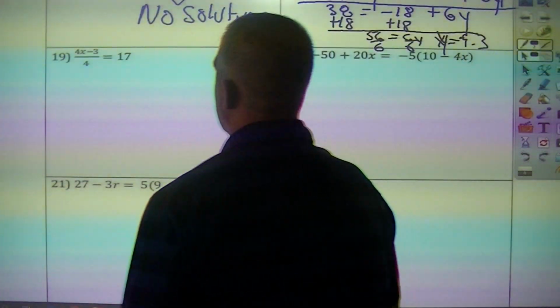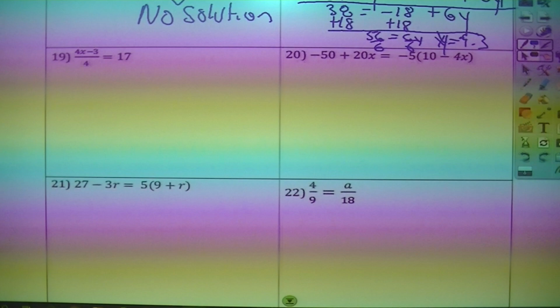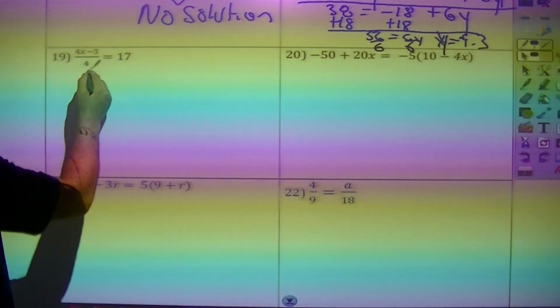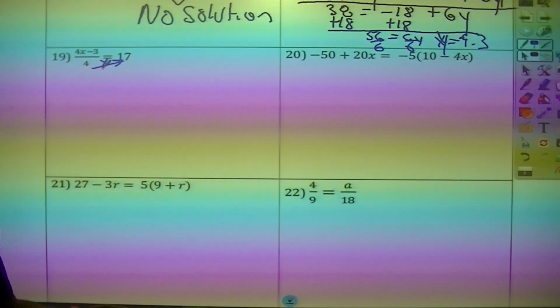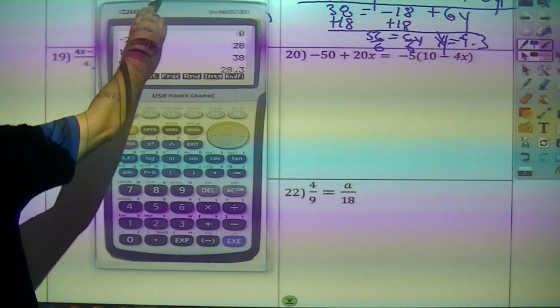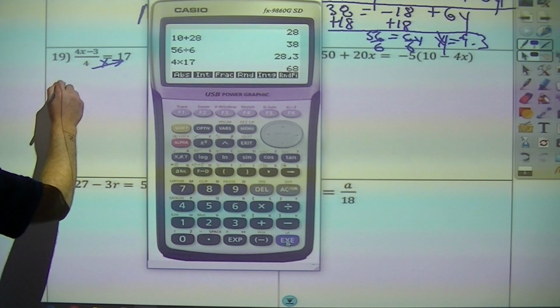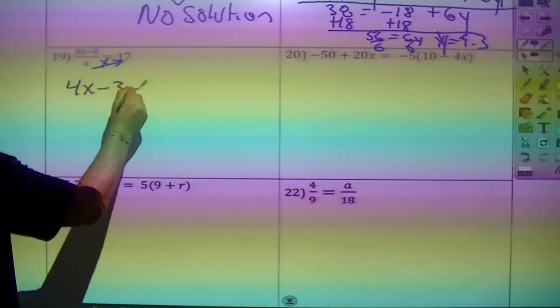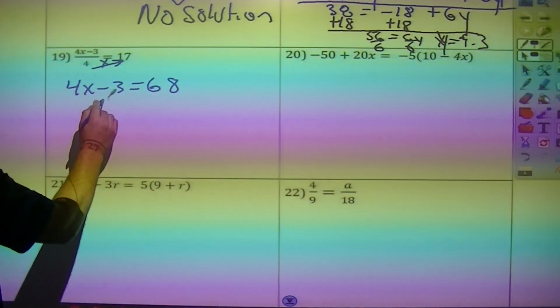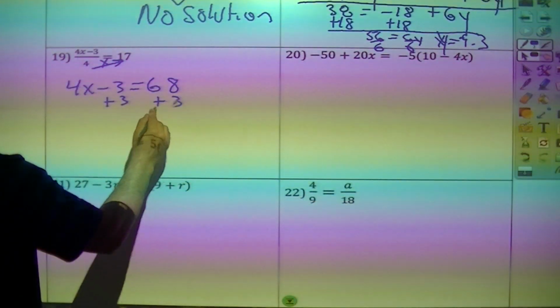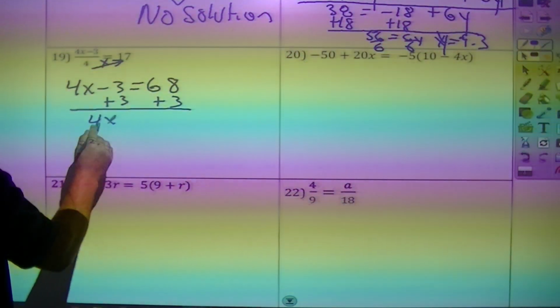Just like the last one we talked about with the fractions, when you have this down in the denominator, I'm going to cross multiply that. So 4 times 17 is 68. So 4x minus 3 equals 68. I want to get rid of this number first. So you leave the variable for last.